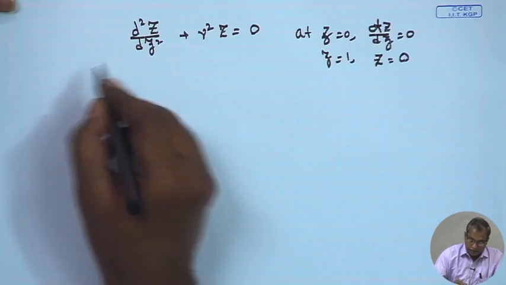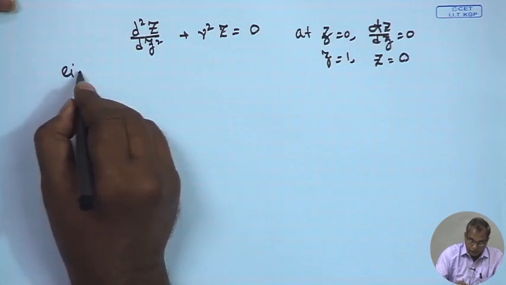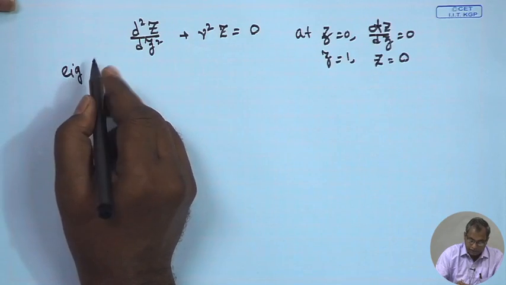Again, we know the solution of this problem. The eigenvalues are, in fact, 2p minus 1 pi by 2.